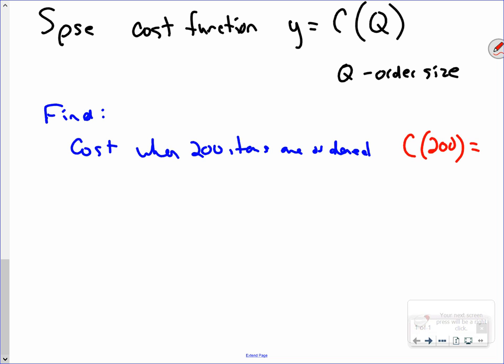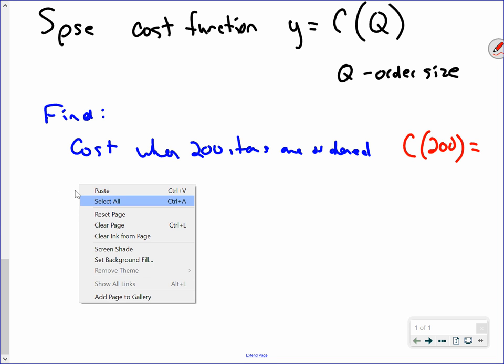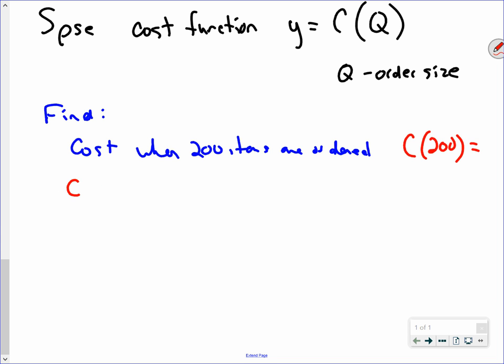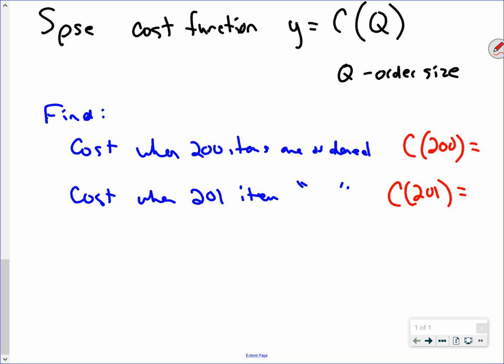All right, you might be asked to find the cost when 201 items are ordered, in which case you would plug in 201 to get a different answer.